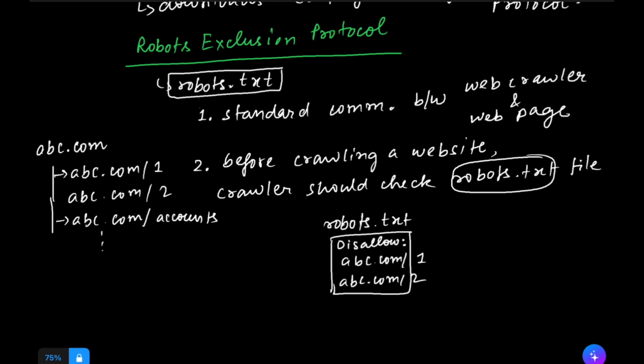So what our web crawler will do is, when it visits abc.com and downloads that page, before extracting the URLs or going into the details of that page, it will check the robots.txt file. Since these two hyperlinks are disallowed, it will not include them in its URL frontier, or rather in its further download procedures. So these two hyperlinks will be ignored by our web crawler.